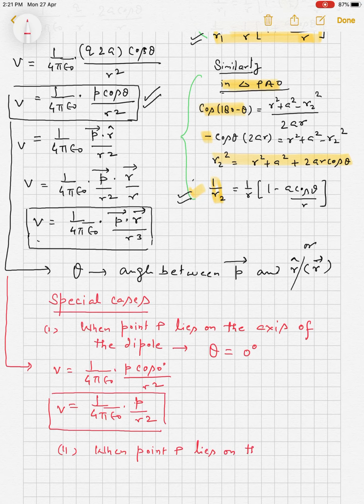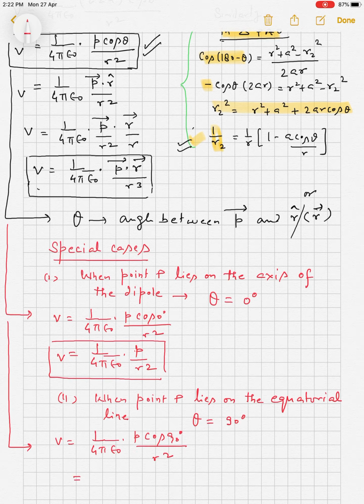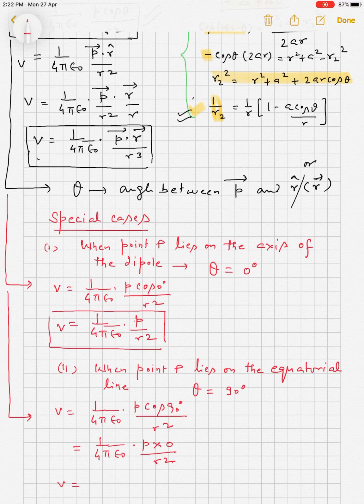So using the same formula we get V is equal to 1 upon 4 pi epsilon naught p cos theta, and p cos 90 degree upon r square. As cos 90 equal to 0, we have 1 upon 4 pi epsilon naught p into 0 upon r square. So V equal to 0. So on equatorial line, the potential due to a dipole is 0.